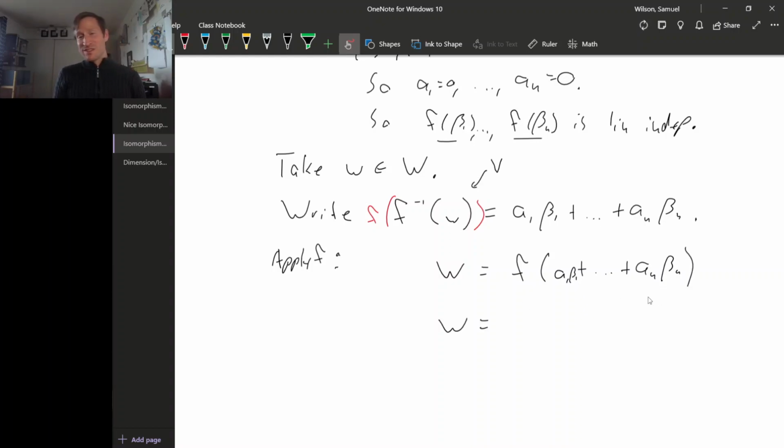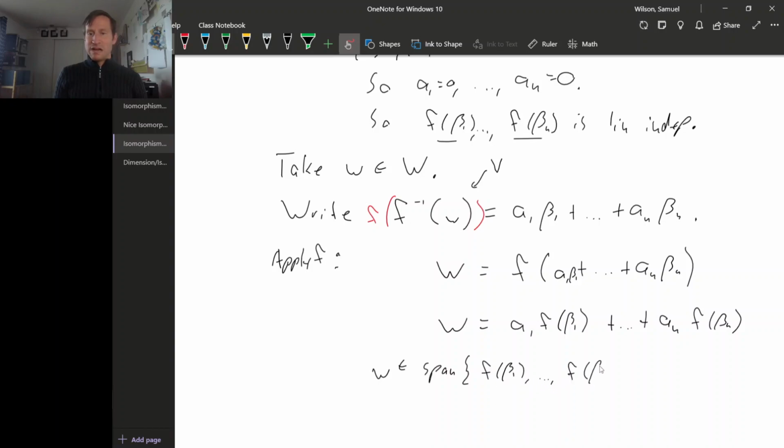F is an isomorphism, so it preserves structure, and we can write a1 f beta 1 plus dot dot dot down to an f beta n. And I'm missing a 1 right here. So this shows that w is in the span of f beta 1 through f beta n.